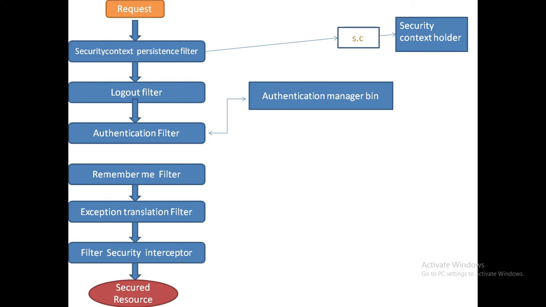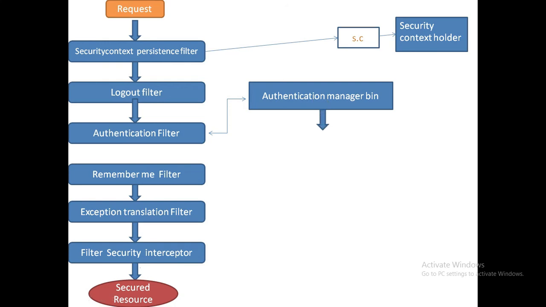I already told in the previous slide we are going to use the authentication manager bean for the authentication purpose. So the request comes to the authentication filter, and it checks, oh, this request is for authentication, so it will forward this request to the authentication manager bean.